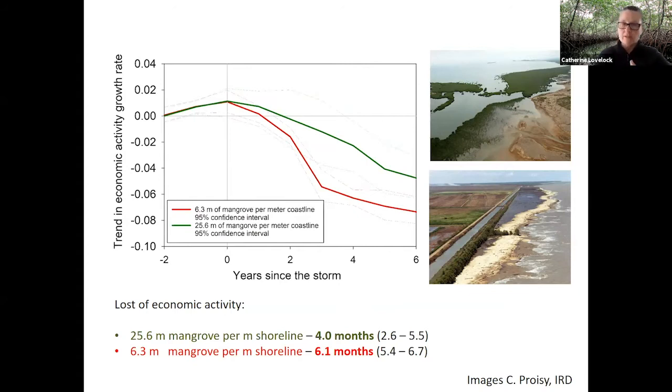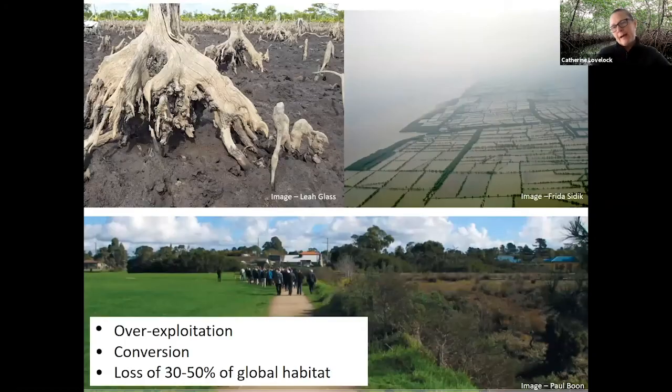And in terms of recovery, the recovery is also more rapid. So there are great reasons to really focus on conserving and restoring mangroves. But we know the truth, and the truth is that they've been degraded, converted, and destroyed globally. In places like Madagascar, the top photo, they're cleared for timber.